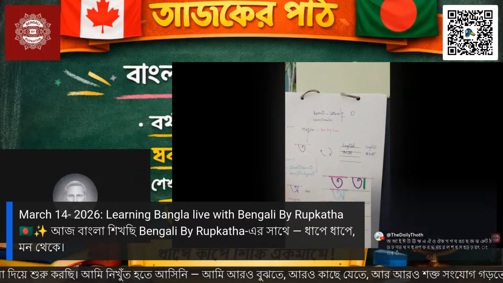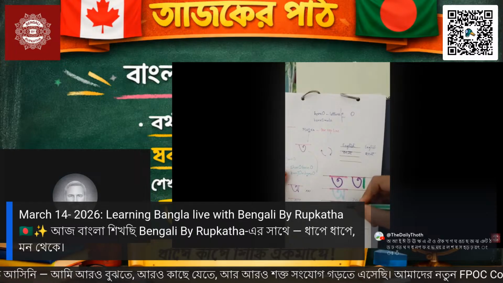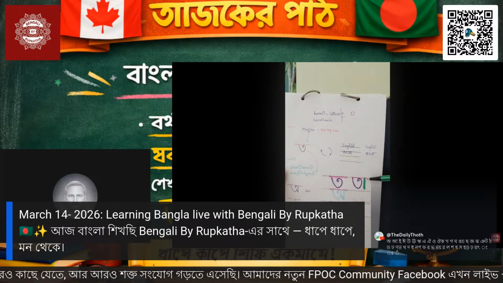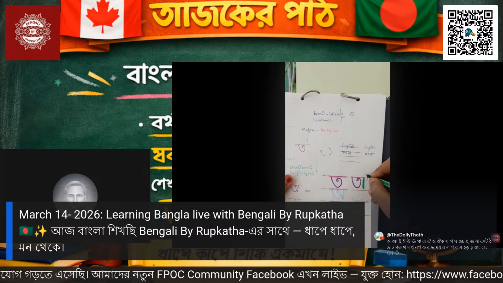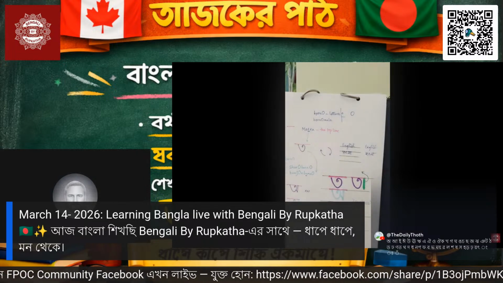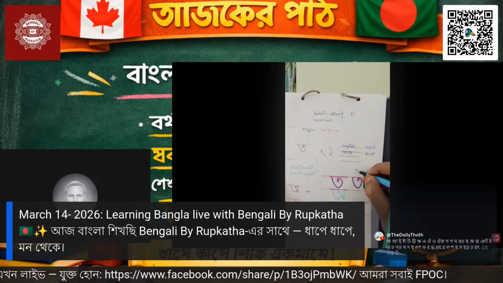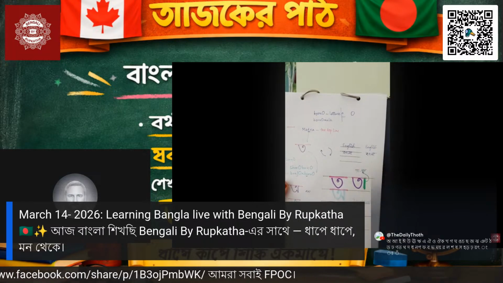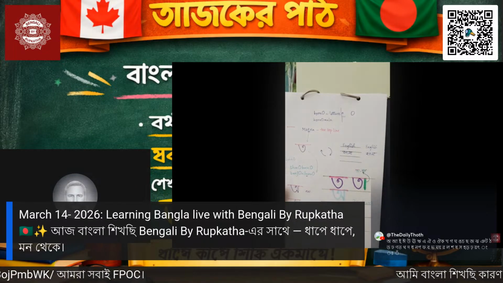So what is this called? This little thing, which is the A. It's the A sound, right? It's the sound of A from this Shorobarno A on the to. This is called akar. Let me write it. Akar. These symbols are referred to as kar or kar chinno.